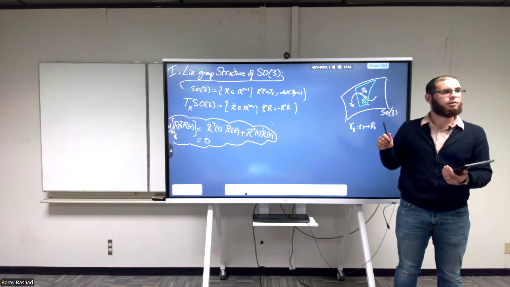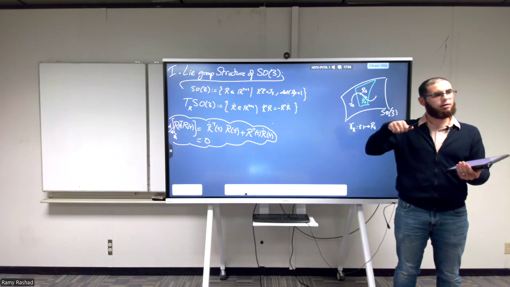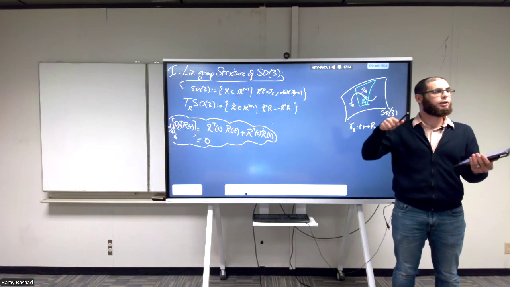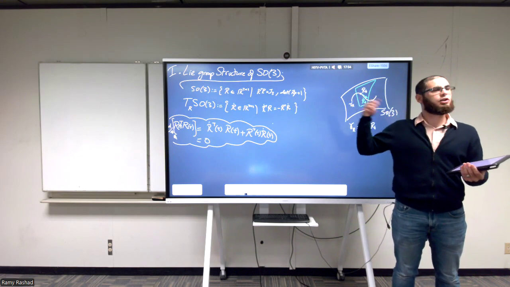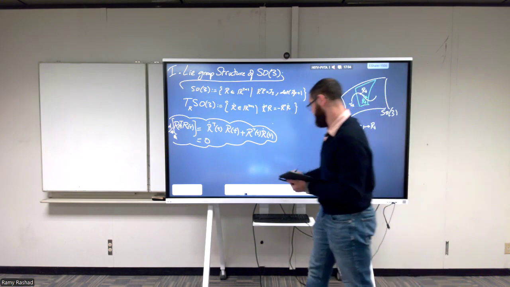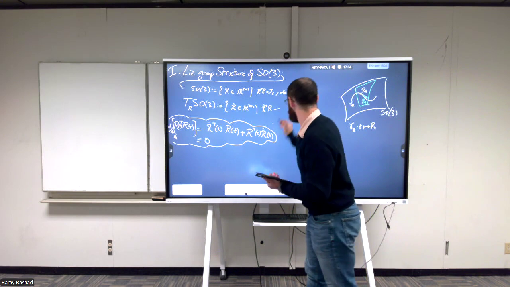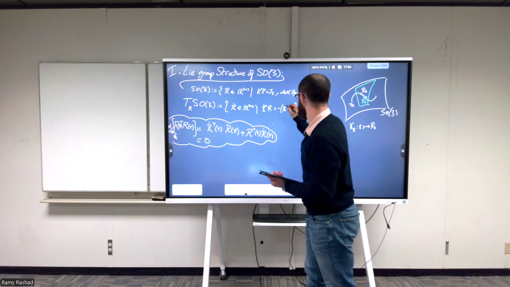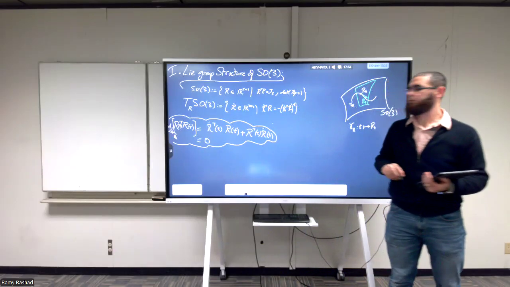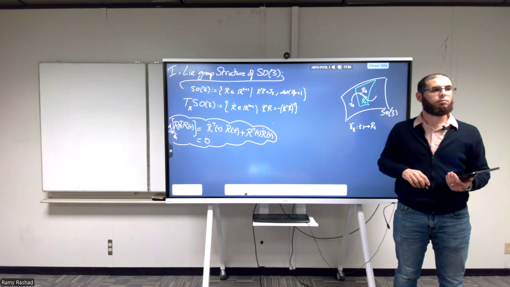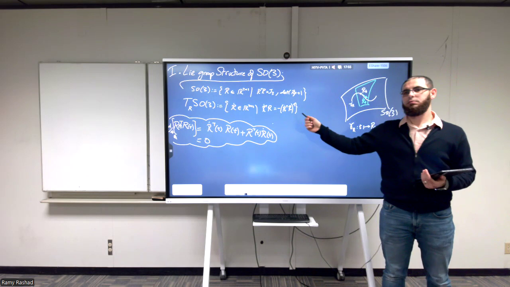And I can write it differently using the fact that the transpose of the product of two matrices is equal to the transpose of the second multiplied by the transpose of the first. So I can rewrite this as follows. Agree? What do we call this matrix that satisfies this condition?